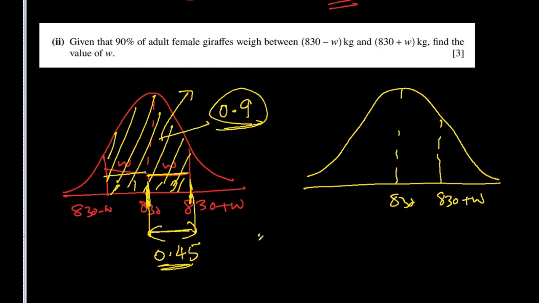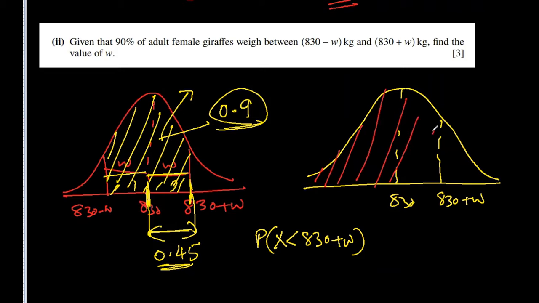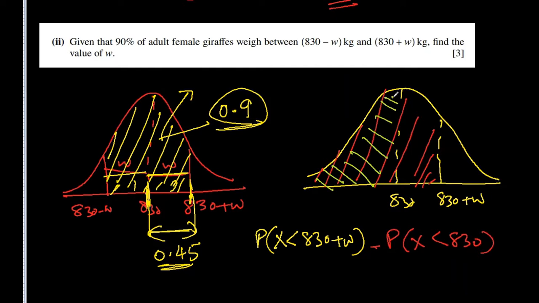So if I find the probability that X is less than 830 plus W, that means we are talking about this area. If I subtract the probability of X less than 830, which is this area, from that previous one, I'll be left with what I want, 0.45, this remaining area.